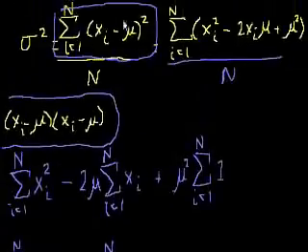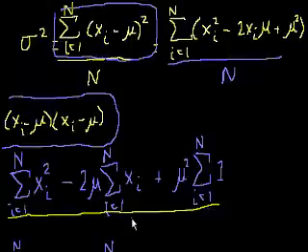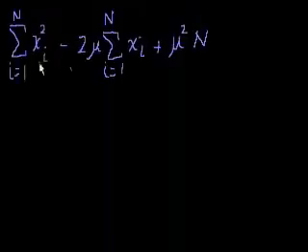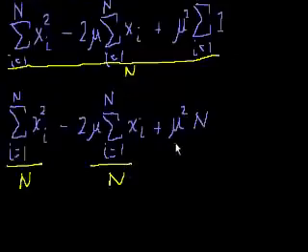So this simplified to that divided by n, which simplifies to this whole thing divided by n, or which is the same thing as each of the terms divided by n, which is the same thing as that, right?